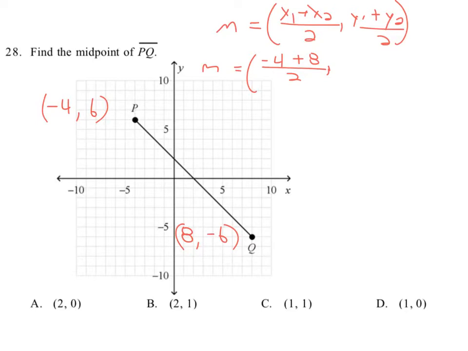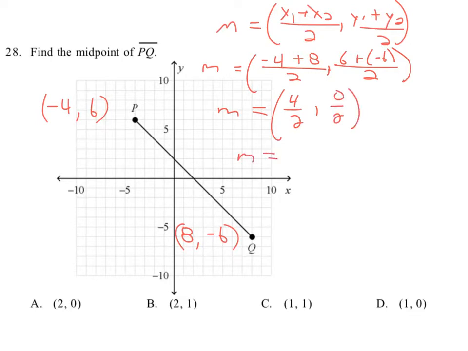Since you're adding them, it doesn't matter what the order is, but 6 plus -6 all over 2. Okay? And when you add -4 and 8, you get 4 divided by 2, comma, 6 plus -6 is 0 divided by 2. And you get then as the midpoint 2, 0.